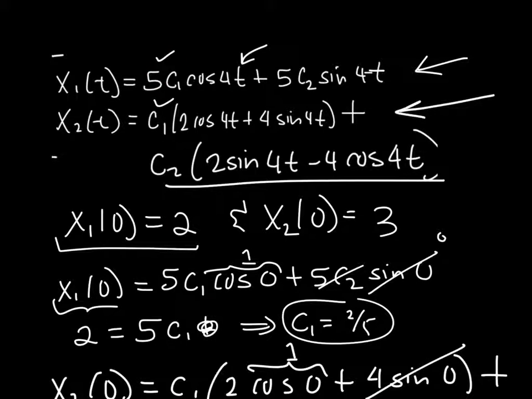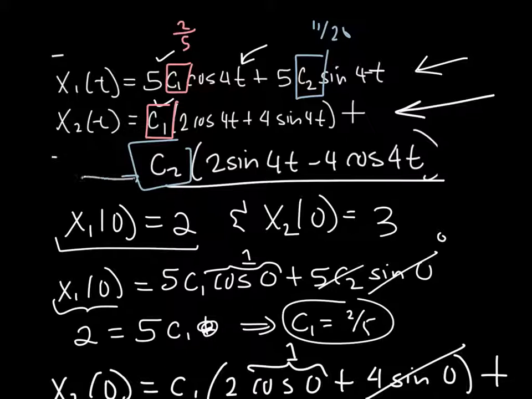Okay, so we're really inserting, that was 2/5, which is the same thing as this, so I would insert that. And then c2 was 11/20ths, and then similarly you would put 11/20ths here.